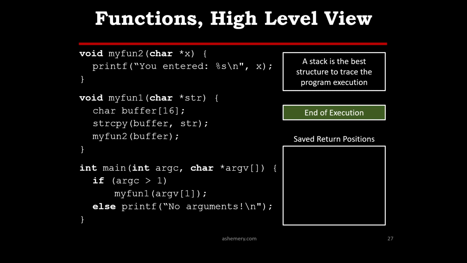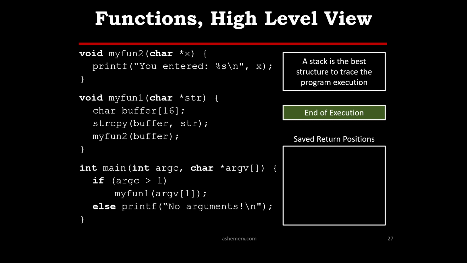So we saw, by looking at a high-level view, how the function will work and how the stack representation, which actually doesn't really exist in memory, it's something virtual, is used for program execution.